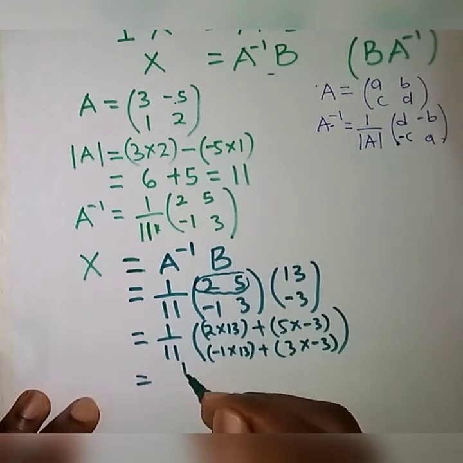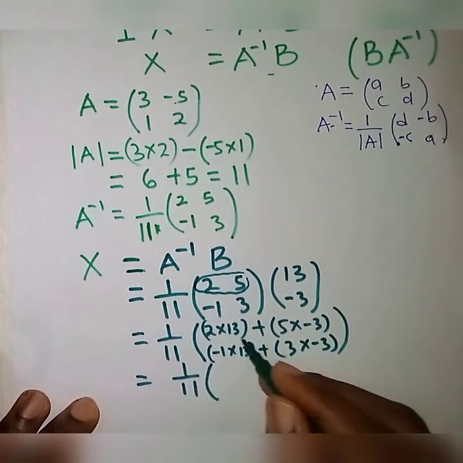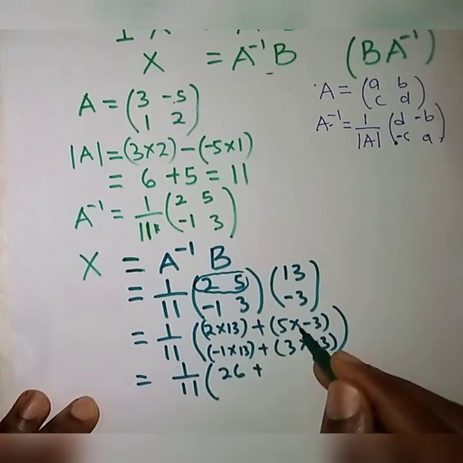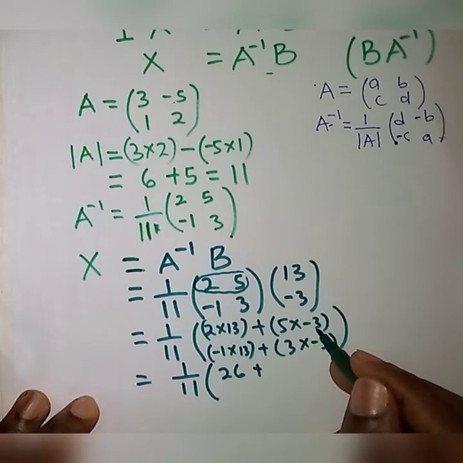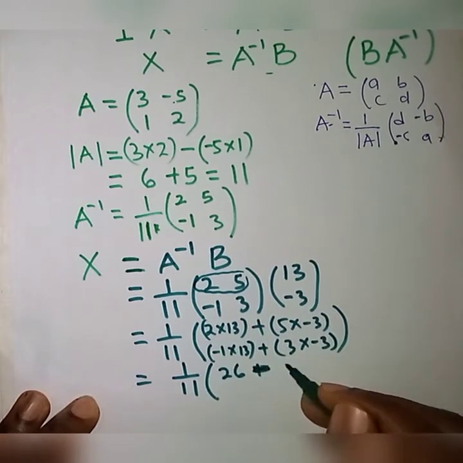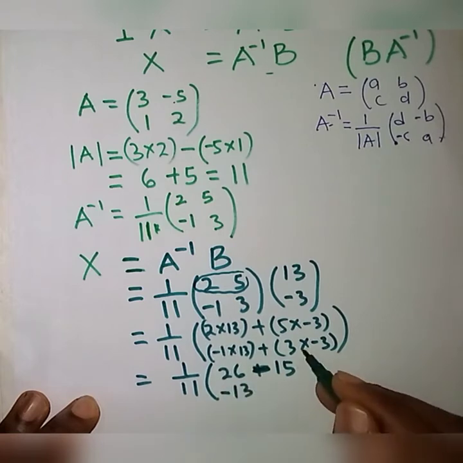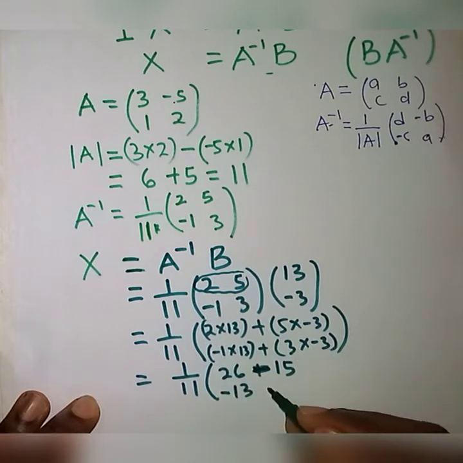And this gives 1 over 11. 2 times 13 is 26 plus 5 times minus 3 is minus 15. So we have 26 minus 15. This is minus 13, and 3 times minus 3 is minus 9.